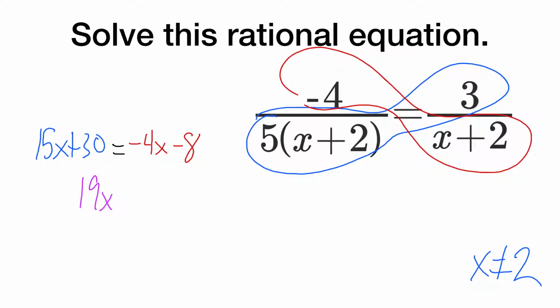And on the other side, that's going to equal negative 38. Wait a second here. That means x equals negative 2. But x can't equal negative 2. I got the wrong thing originally. Since x can't equal negative 2, that means no answer.